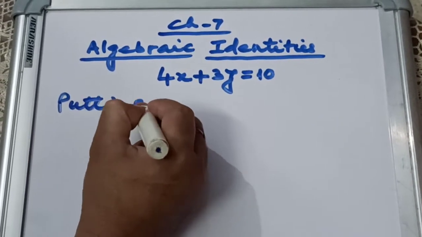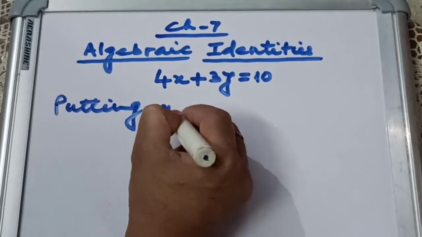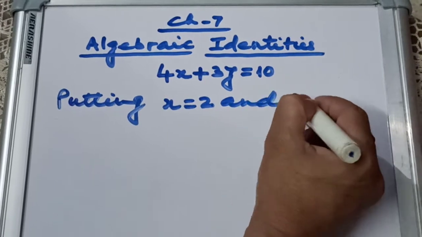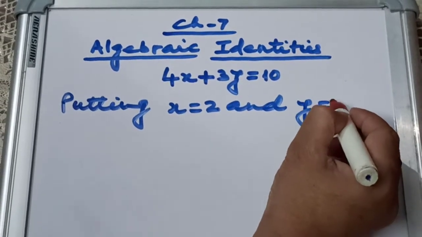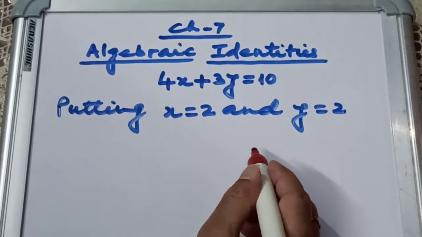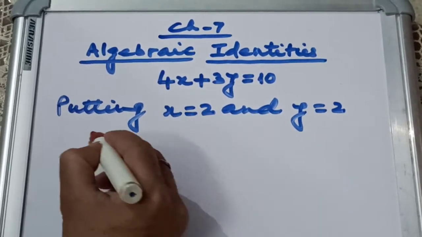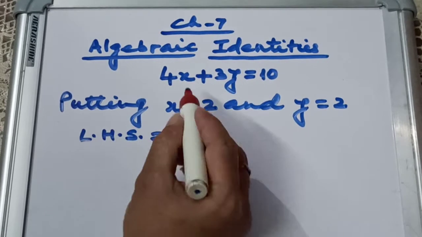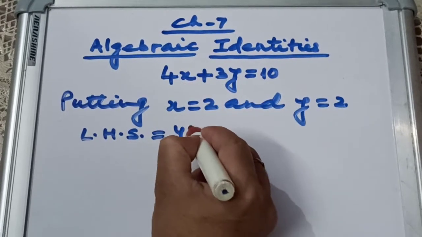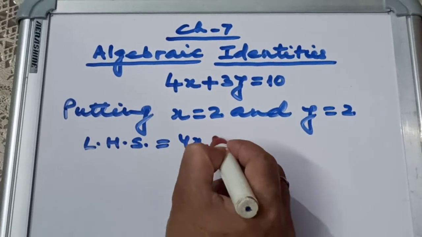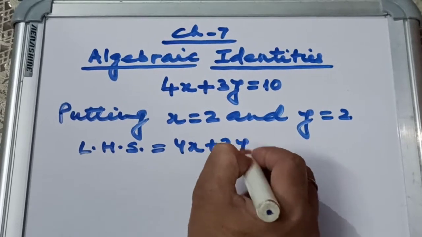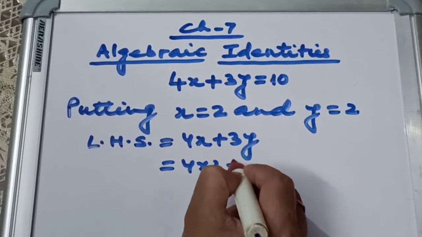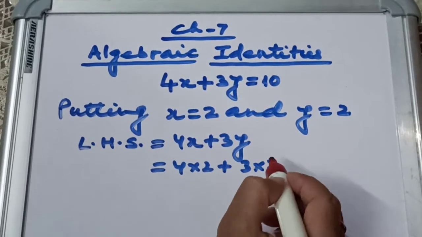Putting x is equal to 2 and y is equal to 2. See, LHS: 4x plus 3y, 4 into 2 plus 3 into 2.